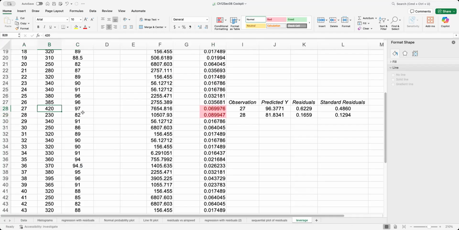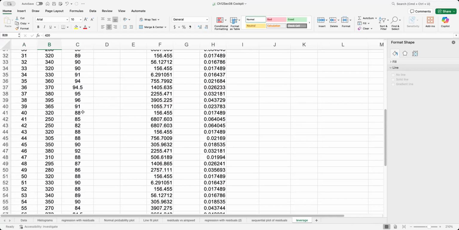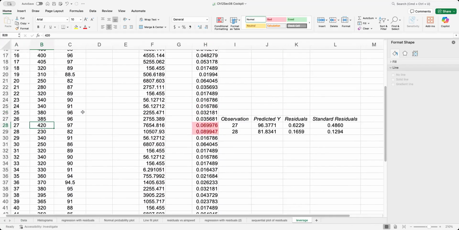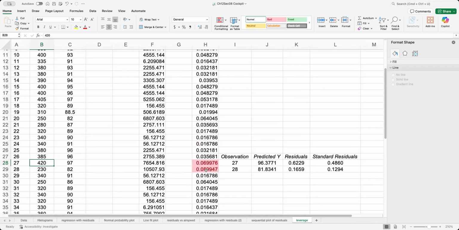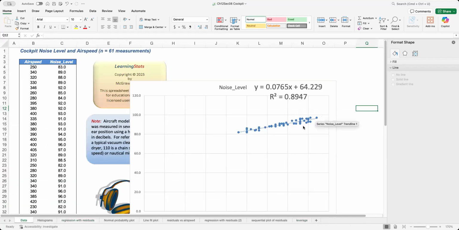This one with 420.97 is not quite at the other end, but it is one of the furthest away in the x-axis. So these are the two furthest out. They are my leverage. And if I go back and look at that regression line, it goes exactly through both of those dots, doesn't it? So if I moved one of them, I could very well move the whole thing.